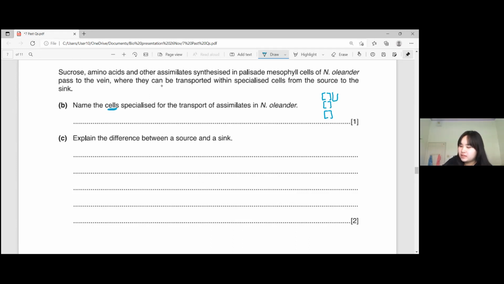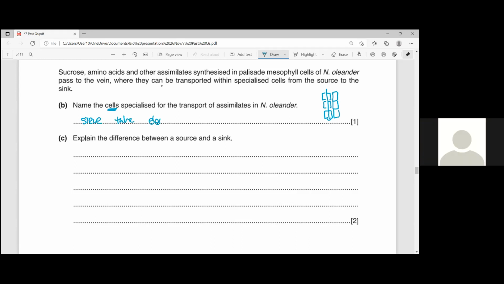The companion cell is the cell beside the sieve tube. So you are half correct. It's through the sieve tube, but sieve tube is the name for the tissue, and the question is asking for the cell. So it's sieve tube element. Yeah, you got it. Sieve tube element. Okay, thank you, Jing Er. Then we move on to the next question.